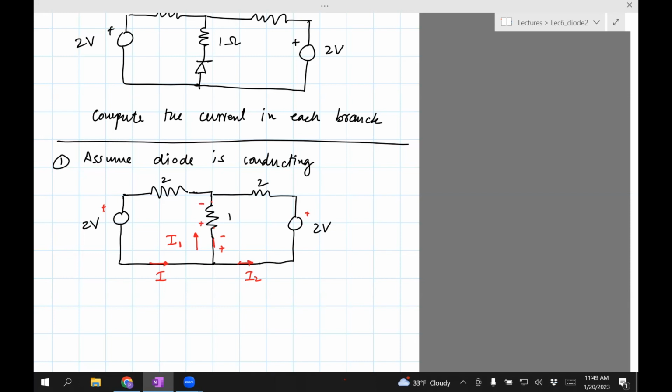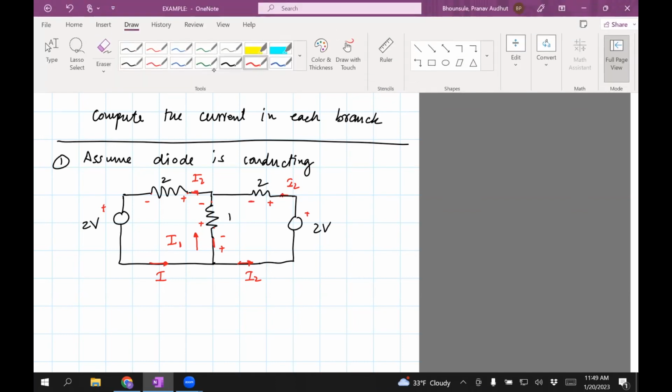Then this is I2, this will be 2I2. Okay, now because this current flows from here to there, this will be positive, this will be negative, same here, positive, negative. And I think now we are all set to analyze this circuit.